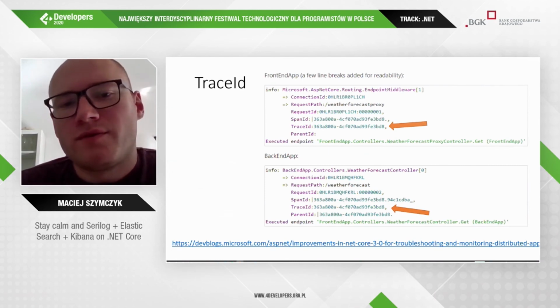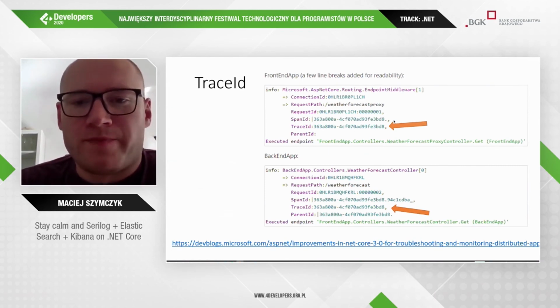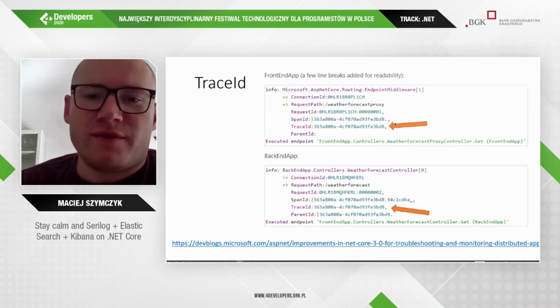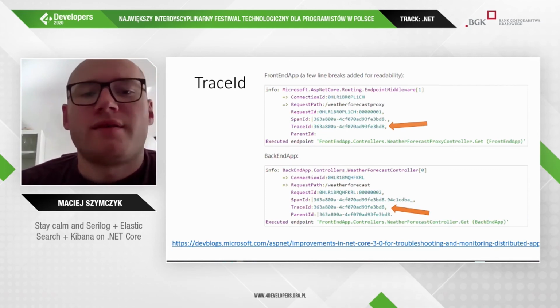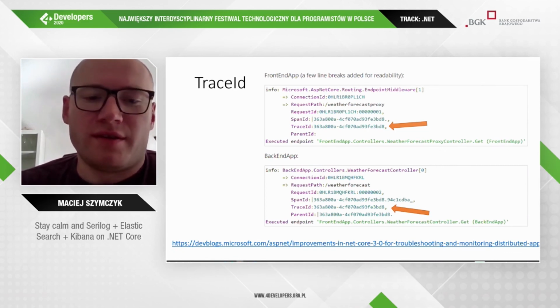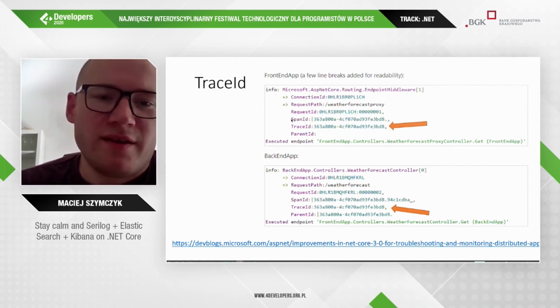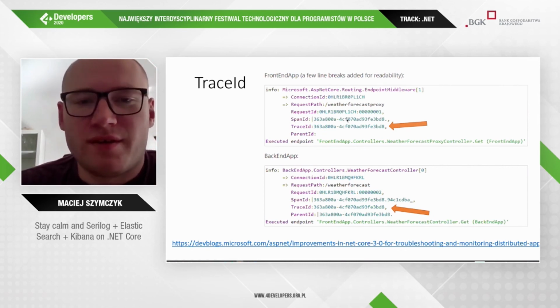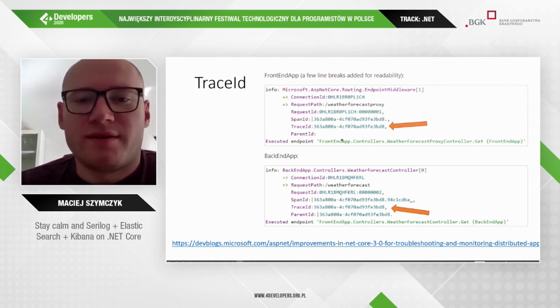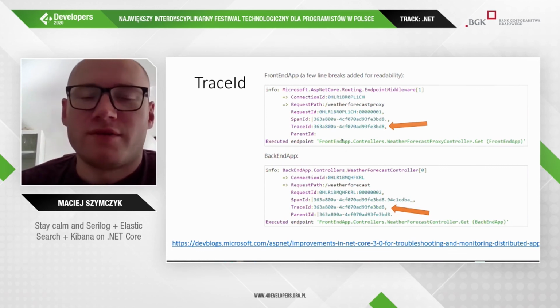And the thing that I wanted to show you is trace ID. So if one service is communicating with another service written in ASP.NET Core, then they share the same trace ID. A moment ago, I was looking for some logs filtered by span ID, but as well as span ID, you can also have trace ID. And trace ID is a common field across many services.